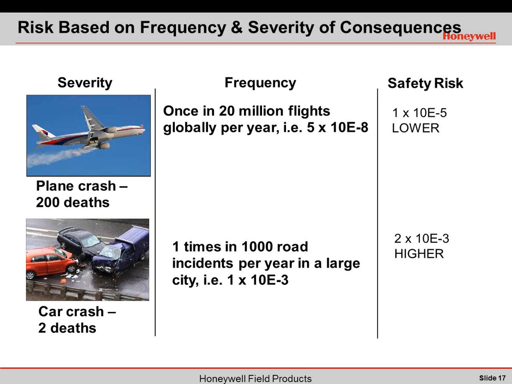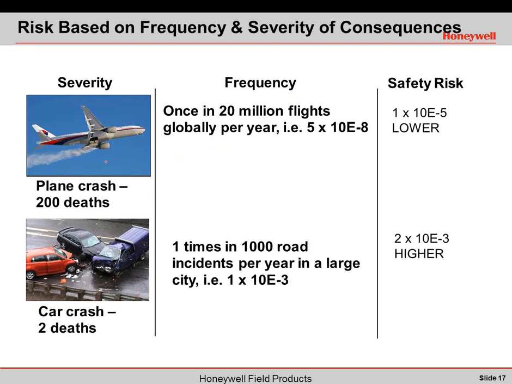So if we look at air travel, and we have a plane crash, in this particular crash there were 200 deaths. So we say that once in 20 million flights globally per year, the probability of that is 1 time in 20 million, or 5 times 10 to the minus 8. 1 in that many flights will have an accident.